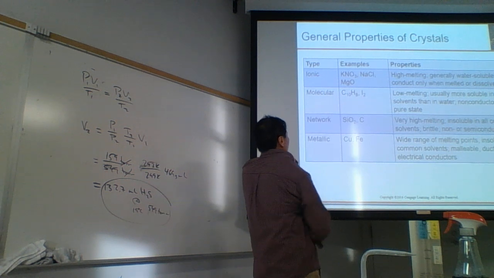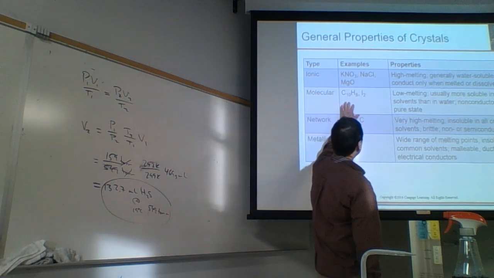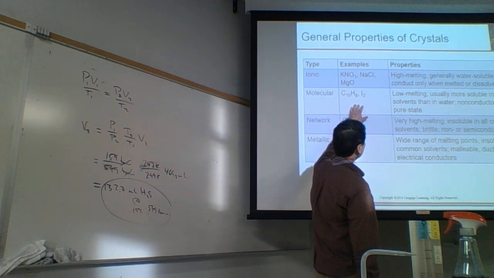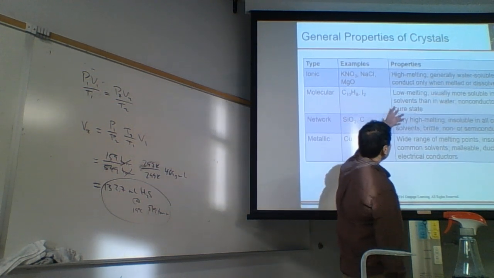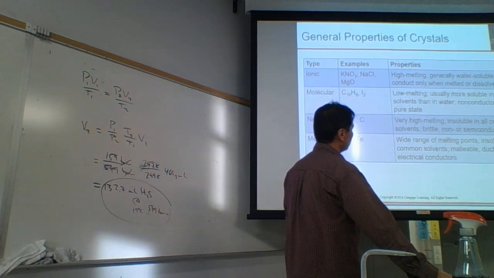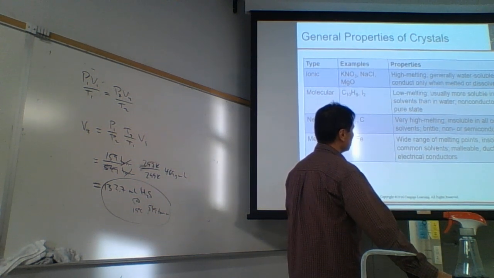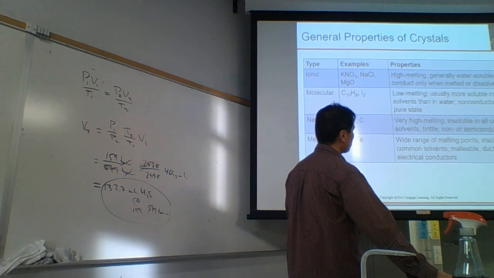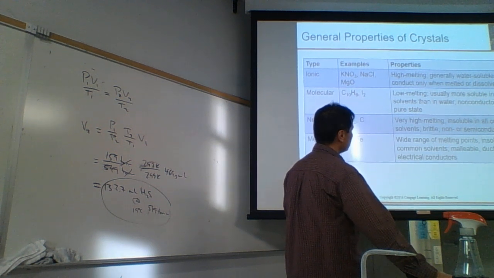We have molecular solids like ice, iodine, this C10H8. These are usually low melting because they're only held together by intermolecular attractions, such as dipole, instantaneous induced dipole, or London forces, and hydrogen bonds.